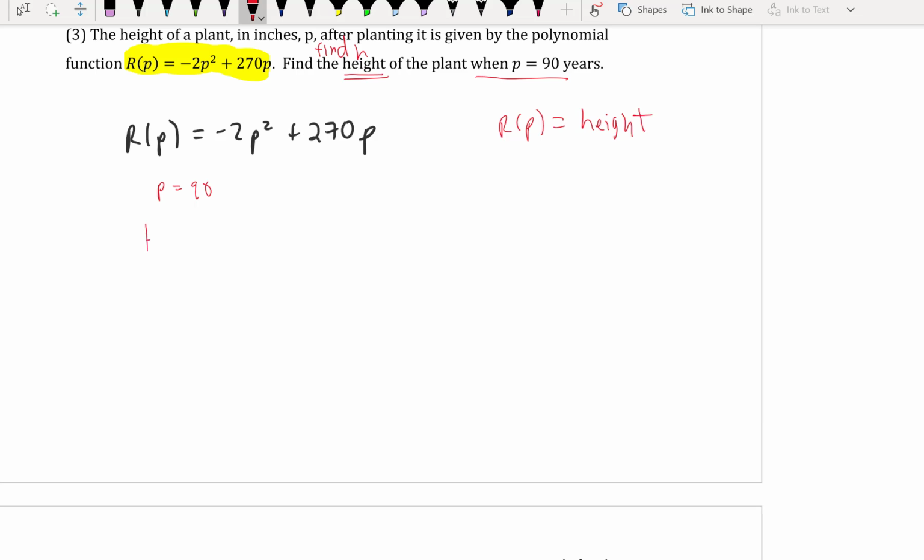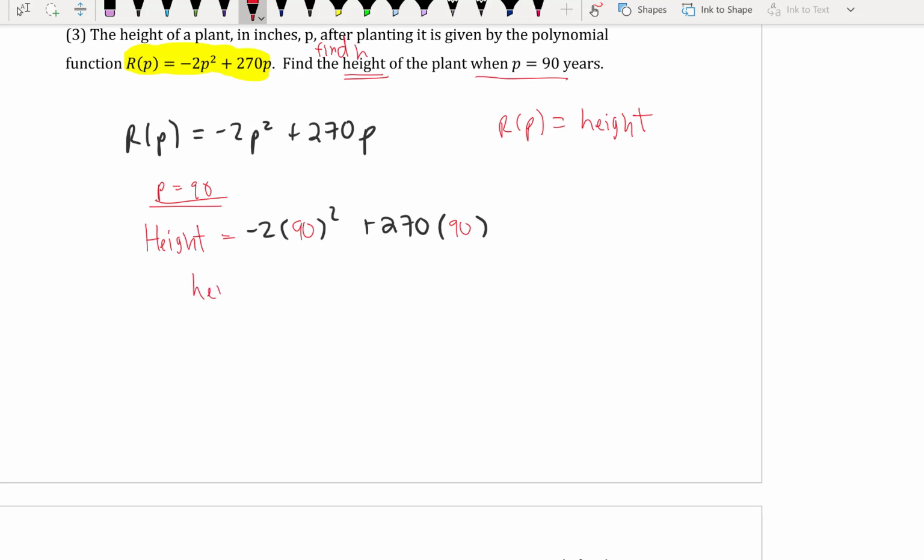So I have my height is equal to negative 2 times p squared plus 270 times p. Remember, the value that they gave you was p is equal to 90. So 90 is what you're going to plug in into those parentheses. So I have negative 2 times my 90 squared plus 270 times my 90.